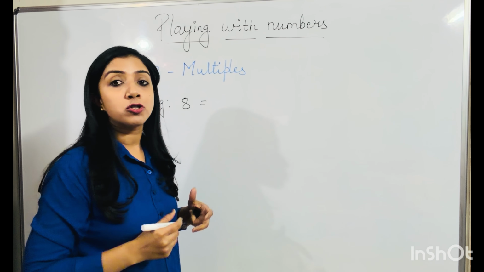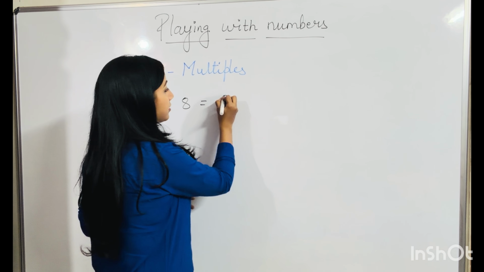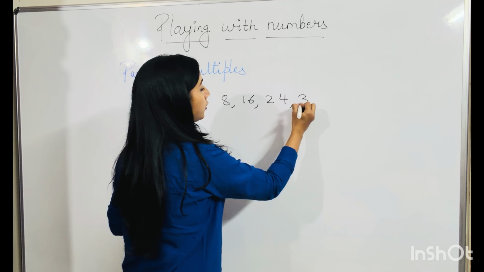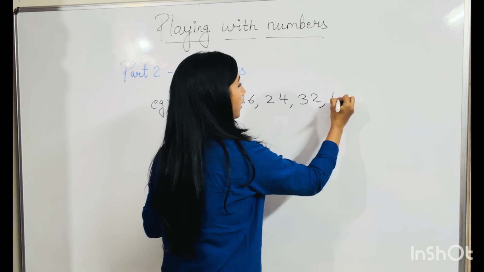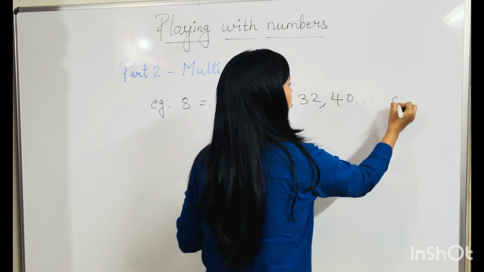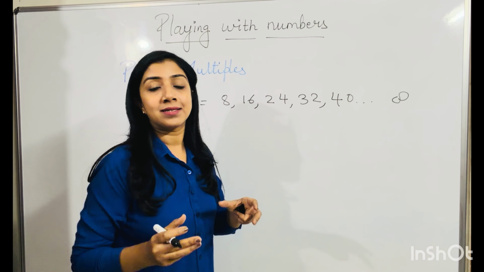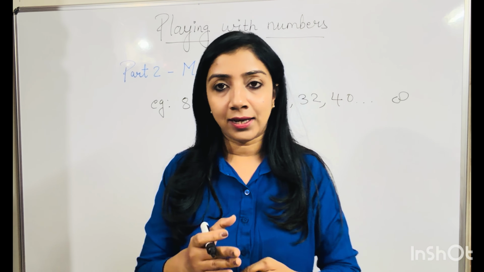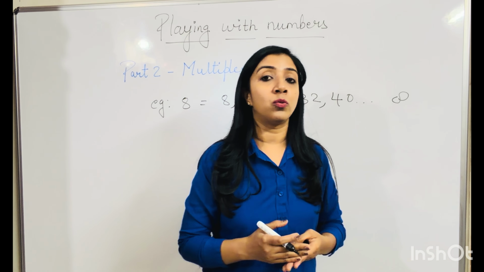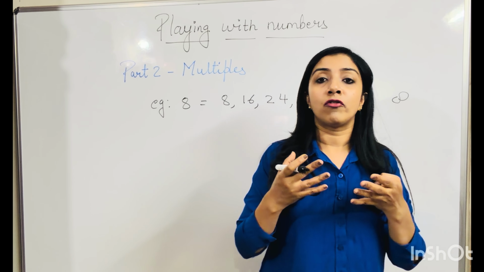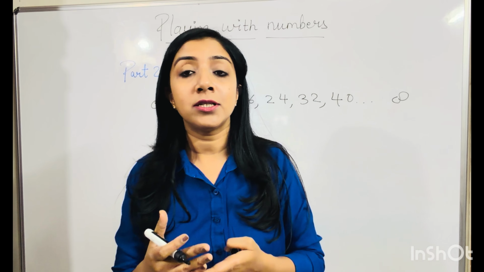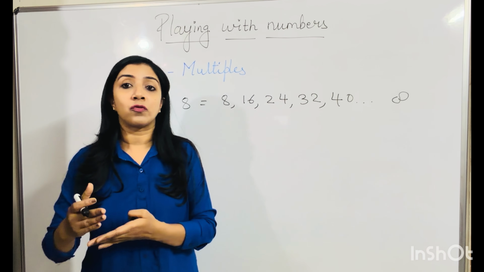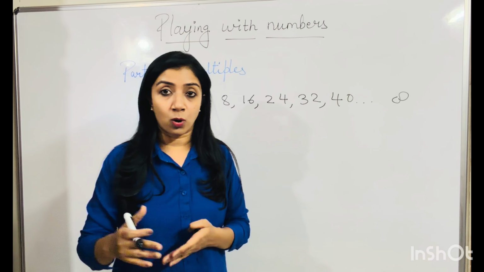What are the multiples of 8? 8, 16, 24, 32, 40, and so on. Basically, multiples are simply tables. If I ask you what are the multiples of 12? Multiples of 12 are 12, 24, 36, 48, and so on.